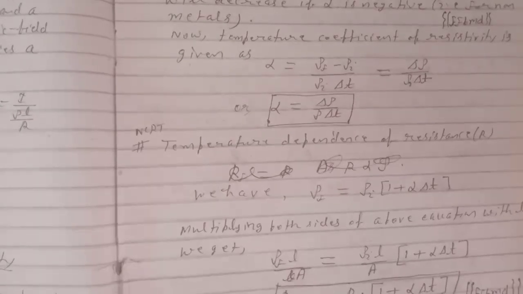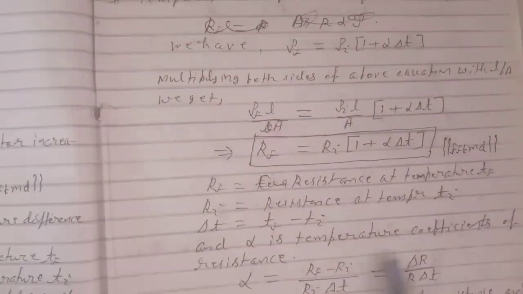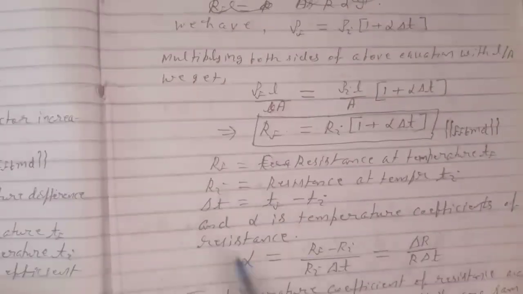This implies Rf equal to Ri into 1 plus alpha into delta T, where Rf is the resistance at temperature Tf and Ri is the resistance at temperature Ti, delta T is Tf minus Ti, and alpha is the temperature coefficient of resistance.